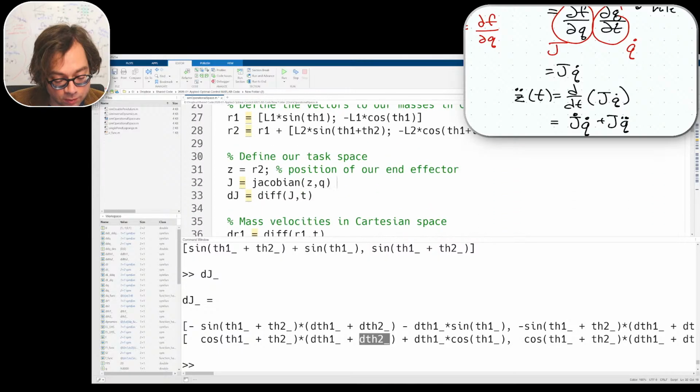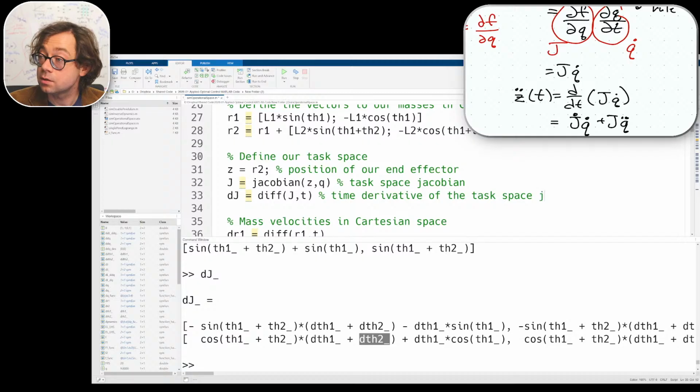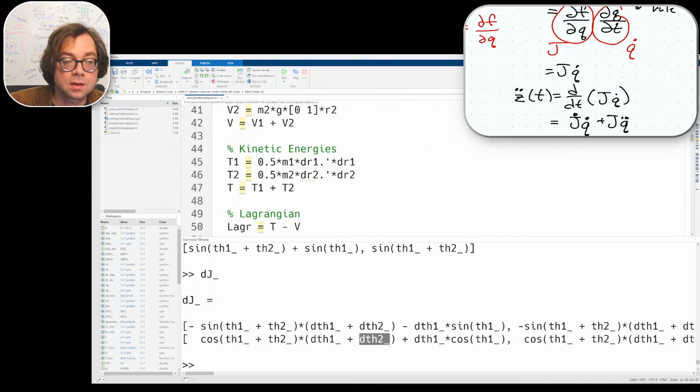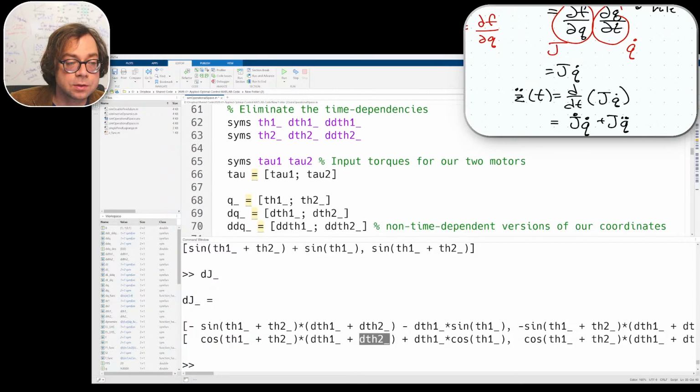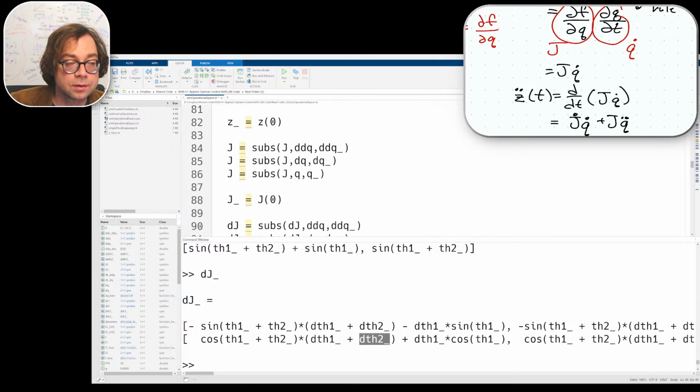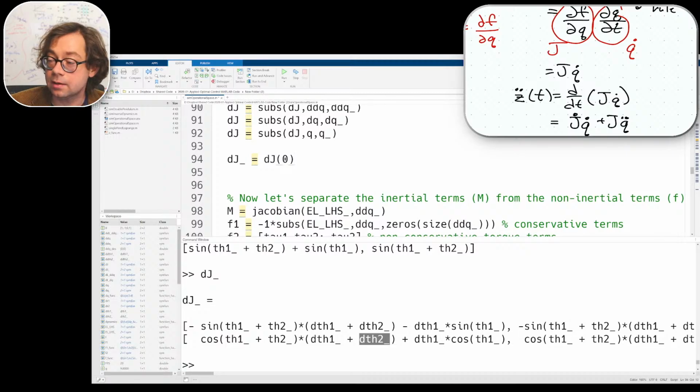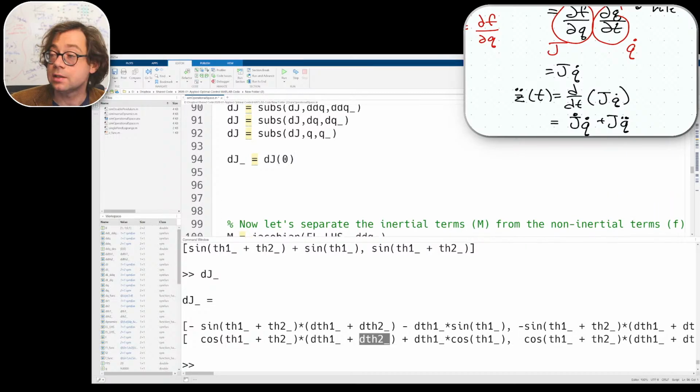This is what we'll call the task space Jacobian, and this is the time derivative of the task space Jacobian. So if we want to compute based upon all this stuff, we already know what Z underscore is; we've already computed that.